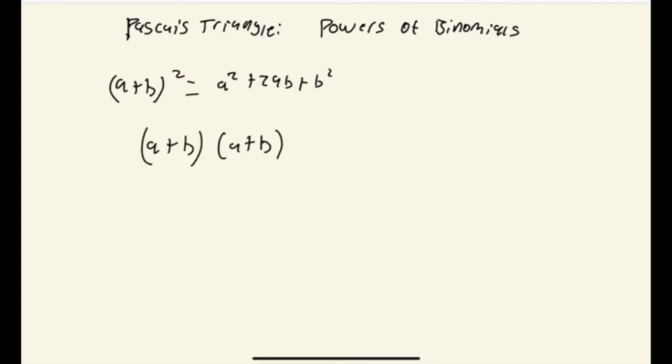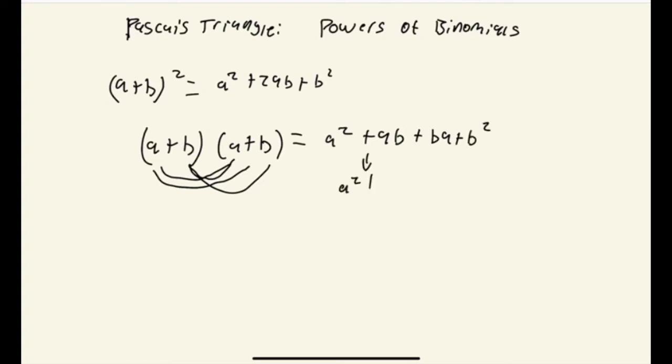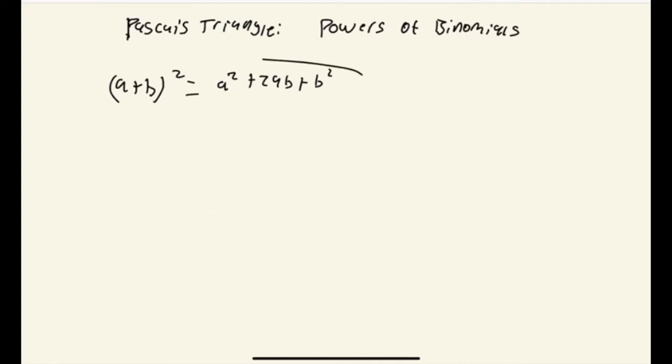Then you apply the distributive property, and you get a times a, which is a squared, a times b, which is ab, plus b times a, which is ba, plus b times b, which is b squared, right? This is the same as saying a squared plus 2ab, because ab plus ba is 2ab, plus b squared. So that's how we get it, or derive it. So you should know this.